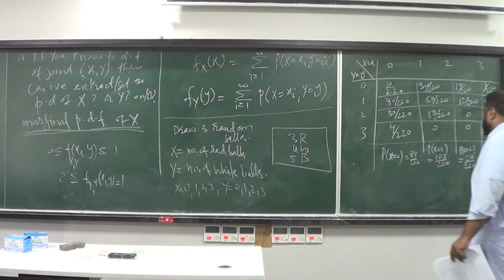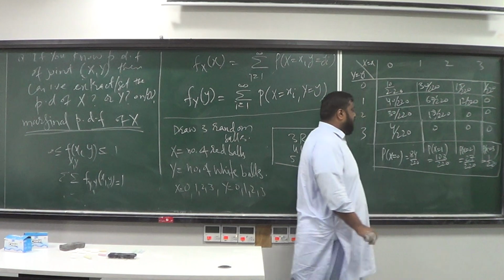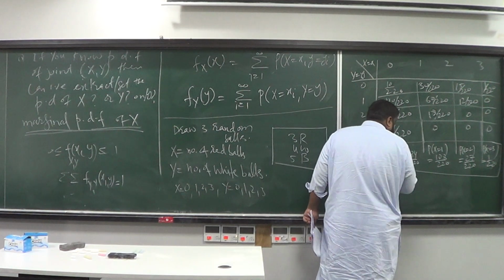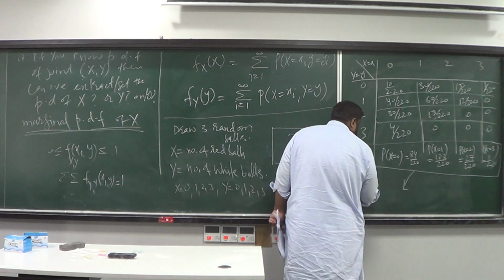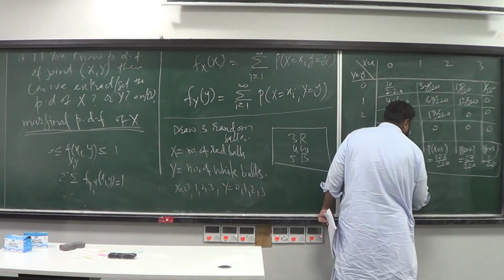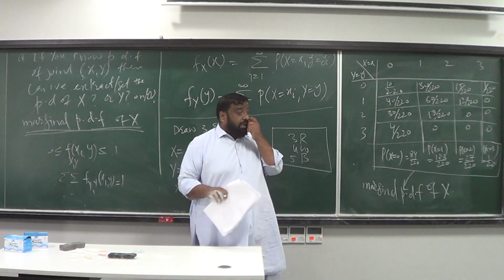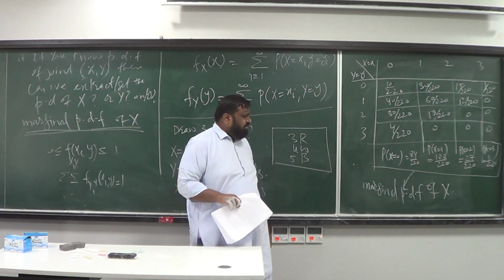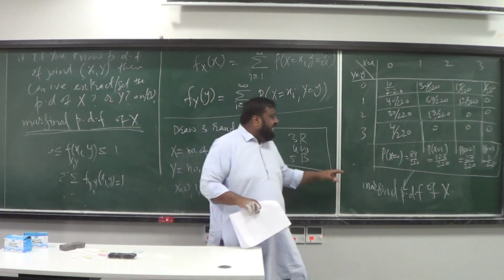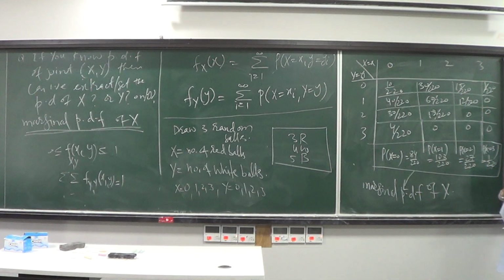If you combine these probabilities together into a vector, this is the marginal PDF, probability density function, of the random variable X. And this is really a PDF, because if you sum all these probabilities, the sum should give you 1.